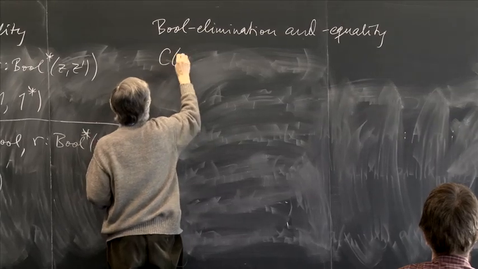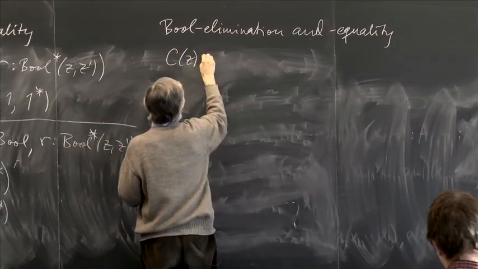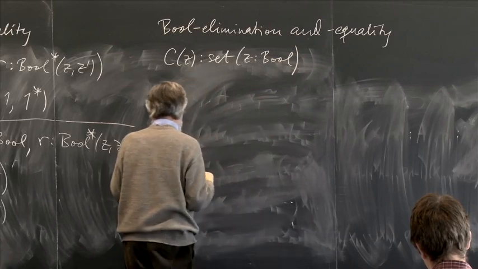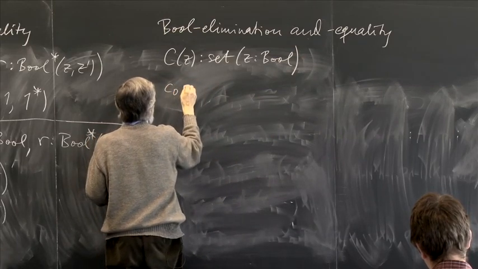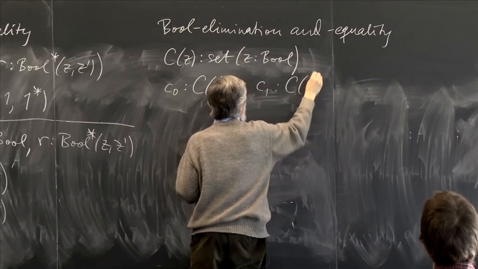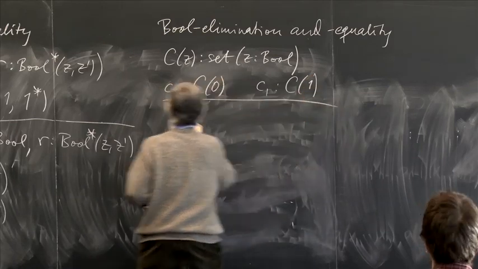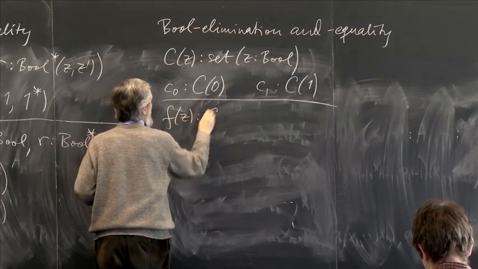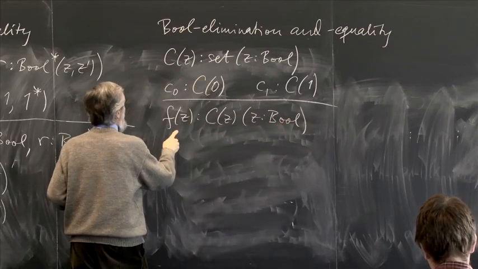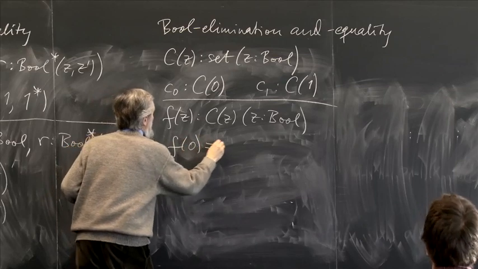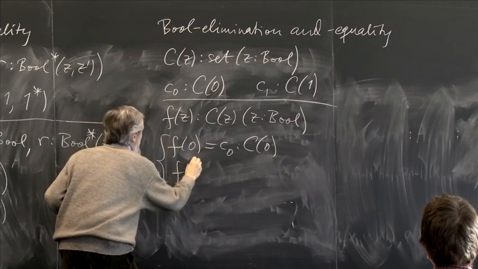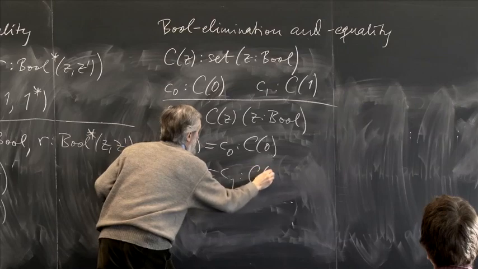If we have just a family C of z, where z ranges over bool, and we have a proof C0 that capital C holds of 0, and a proof C1 that capital C holds of 1, then we may define a function f of z, say, with values in C of z by the equations f of 0 equals C0 and f of 1 equals C1 in C of 1.